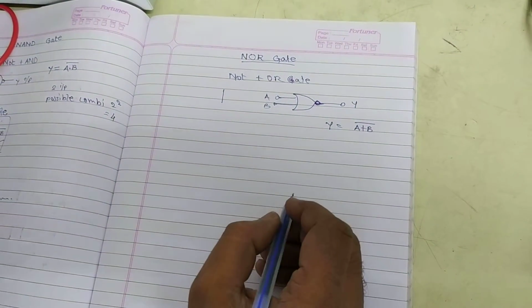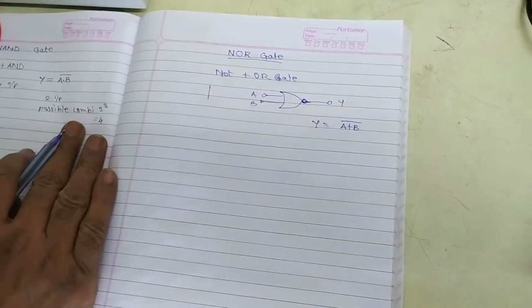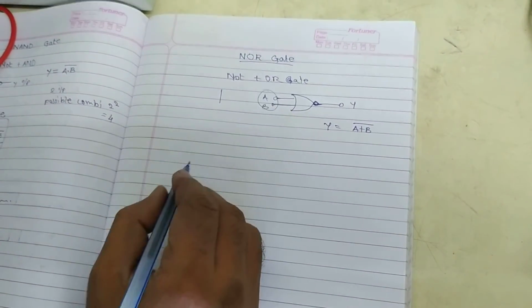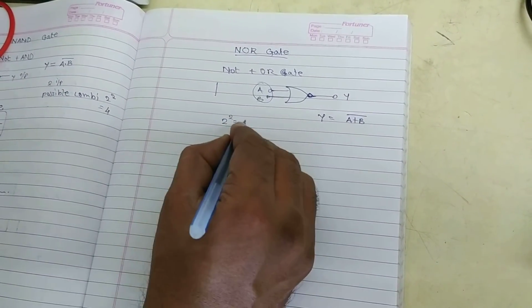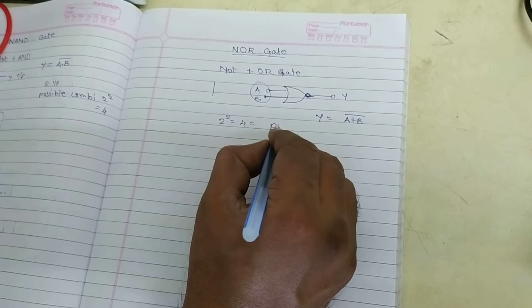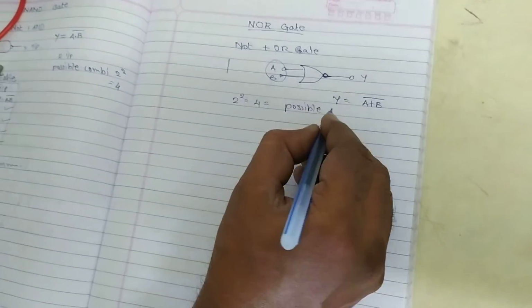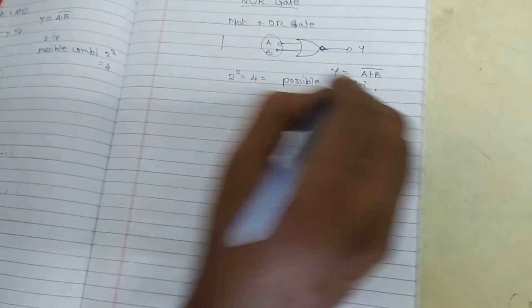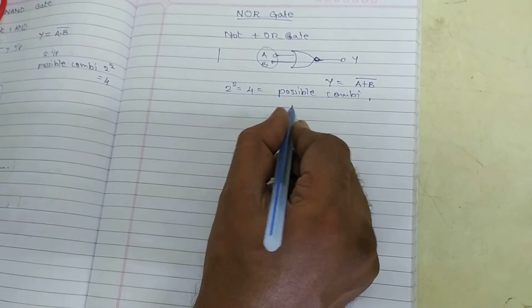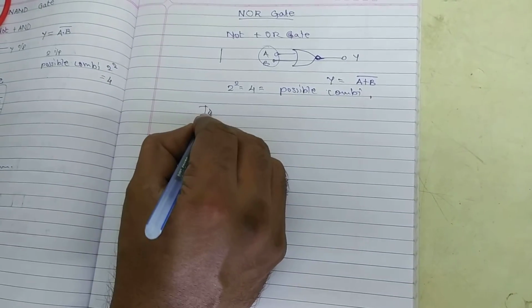Okay, and as we have two inputs, you can say that 2 raised to 2, that is equal to 4 possible combinations, and that 4 possible combinations are represented in this truth table.